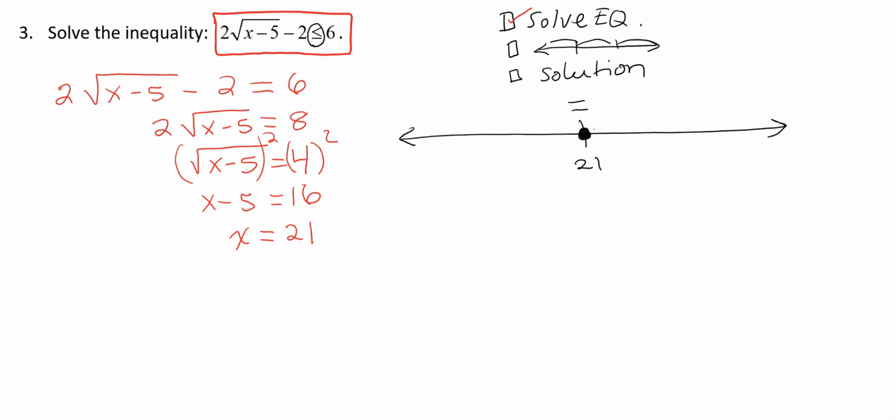Okay, then where else would the solution set be? Either going to be on the left of 21 or on the right of 21, or maybe both. Well, let's go and see. Okay, so how do we do that? We would go ahead and pick a value to the left here.